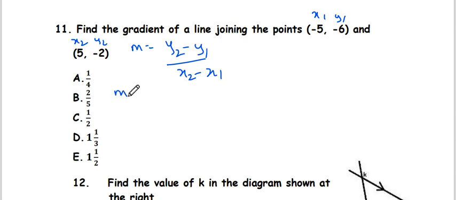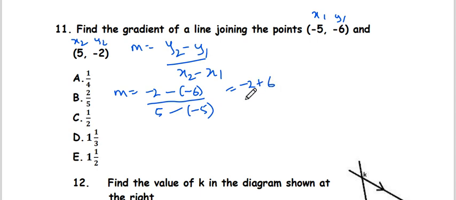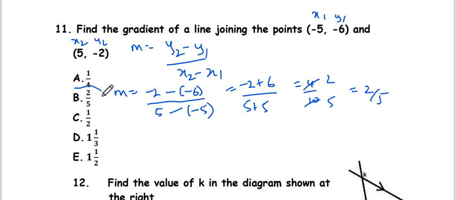So plugging this into this equation, we have y2 is minus 2, y1 is minus 6, minus 6 divided by x2, x2 is 5, minus x1, which is minus 5. That's minus 2 plus 6 divided by 5 plus 5, that's 4 divided by 10. 2 here 2, 2 here 5, that's 2 over 5. Option B is our answer here.